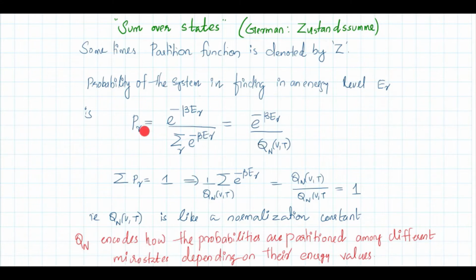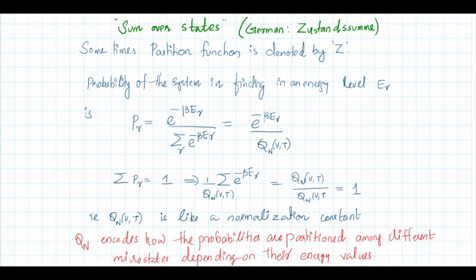The system should be in any one of the states specified by the energy eigenvalues, so if you sum over all the states, the total probability should be 1.